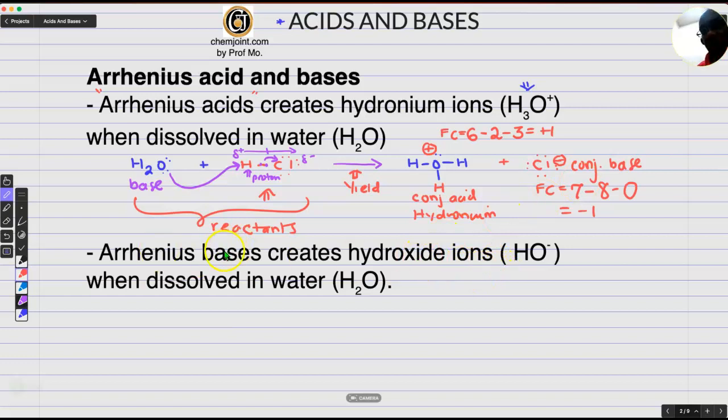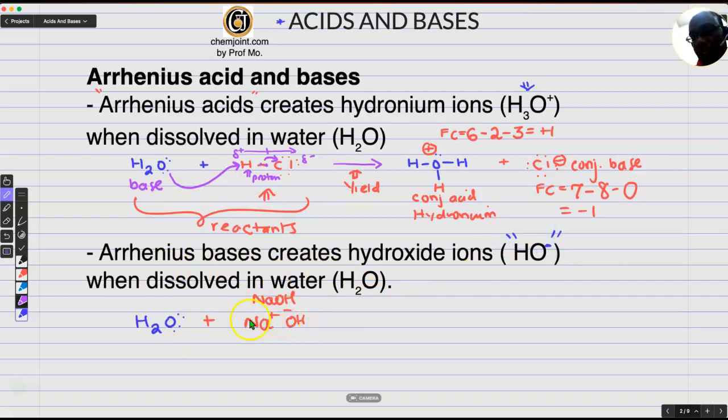Okay, what are Arrhenius bases? Let's consider a species like sodium hydroxide. One would have written it just as NaOH. Drop it in water. Arrhenius bases are species or chemical compounds that form hydroxide ions when dissolved in water.